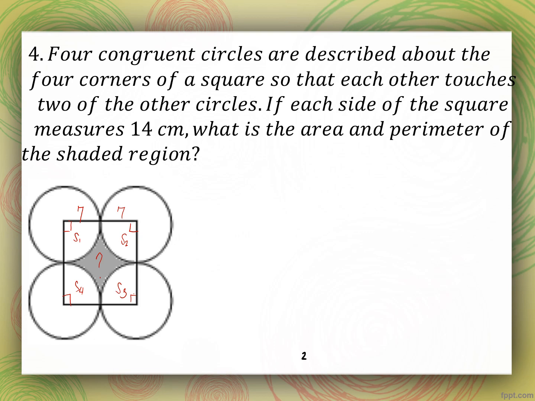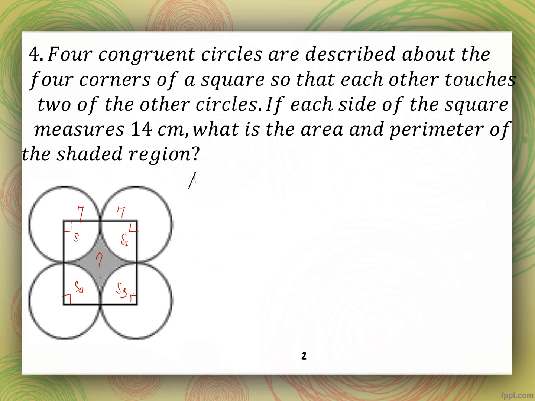We will find first the area of the square, and then we will subtract the area of a circle. Again, we do that because we have four congruent sectors, which when put together cover one whole circle. So let us have first the area of the square.